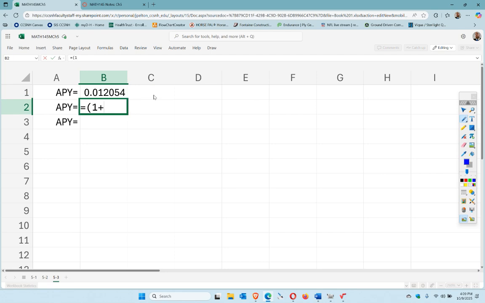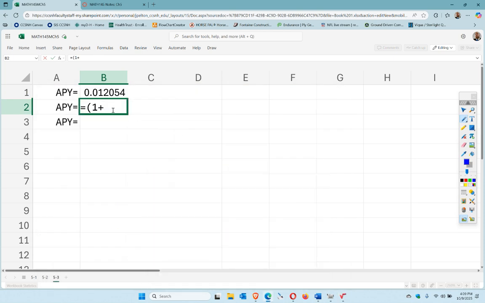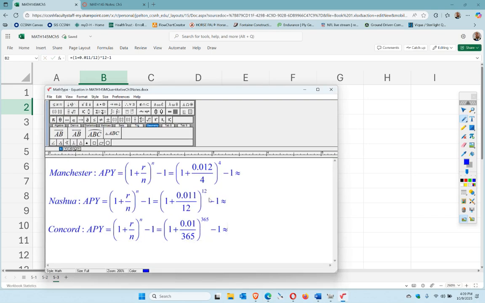So 1 plus, if I look at the next one, it's 1.1% divided by 12. So 0.011 divided by 12, to the power of 12, again minus 1 at the end of the formula. Don't put the 12 and the 1 in parentheses, because they're separate.